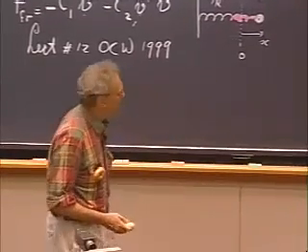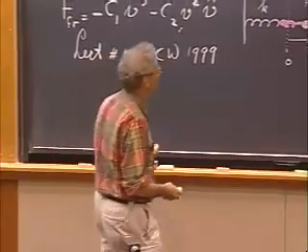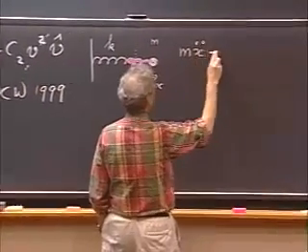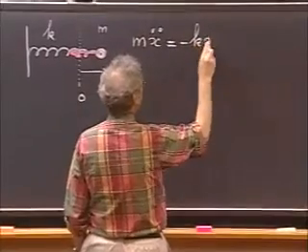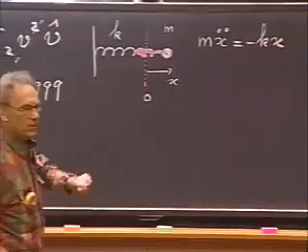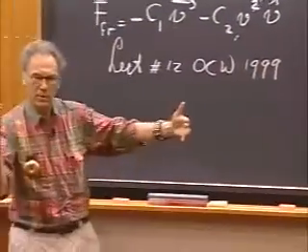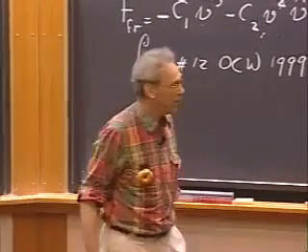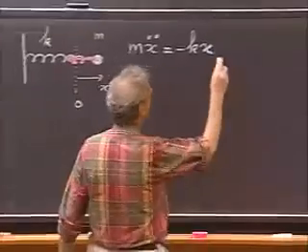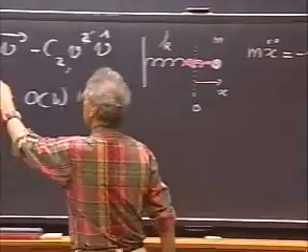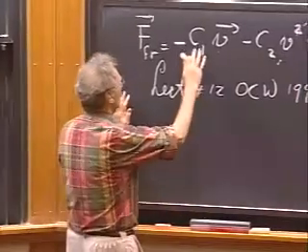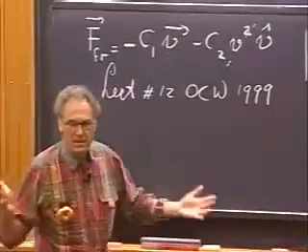But what I can do, I can write down Newton's second law, which says that m x double dot is minus kx. That is this force. When x is positive, the force is in the negative direction, so the minus sign takes into account that we're dealing with vectors. And then we have minus this term. Now, when we deal with 8.03, we will call this C1 just B. That's a tradition.